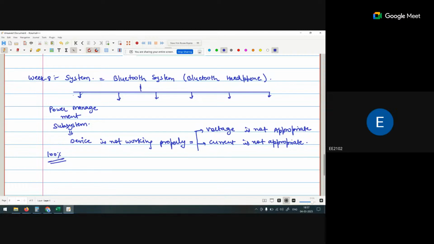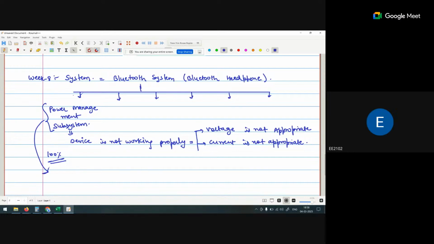Sometimes it shows that your battery voltage is 4.2 volt maximum, so your battery shows 100%, but the current is not as required. So this is the reason that your battery will drain faster as compared to original charging. That's why the power management subsystem is very important.